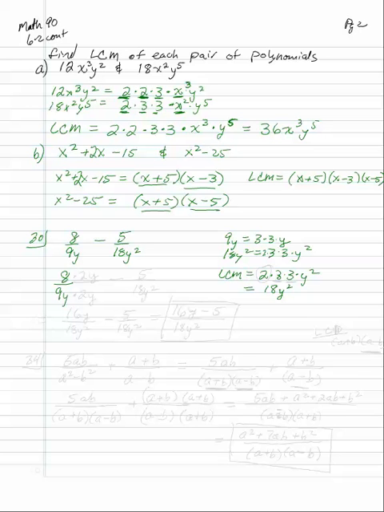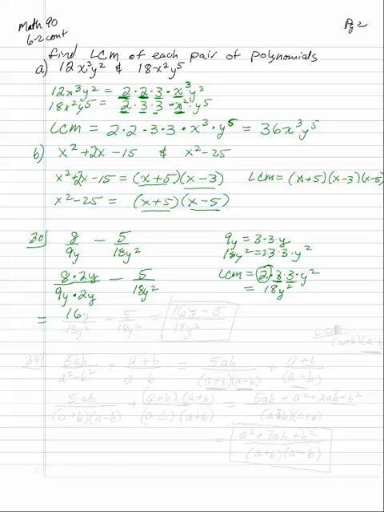Now I got to build up this fraction to be 18y squared. Here's 9, 3 times 3, so I'm missing a 2. So I need to put in a 2 to get the 18. And to get y squared, I need another y. The second fraction is already 18y squared, so I leave it alone.